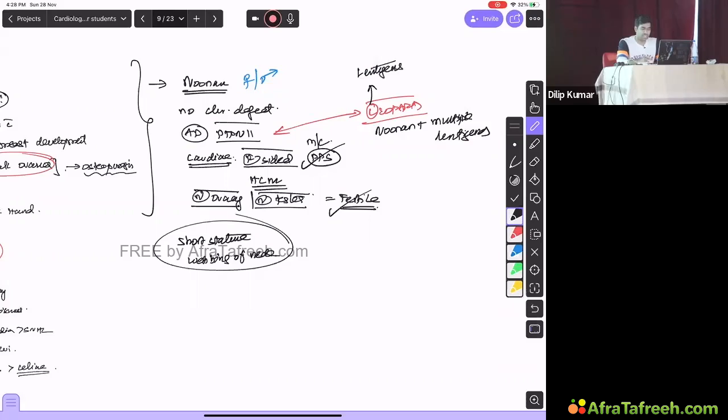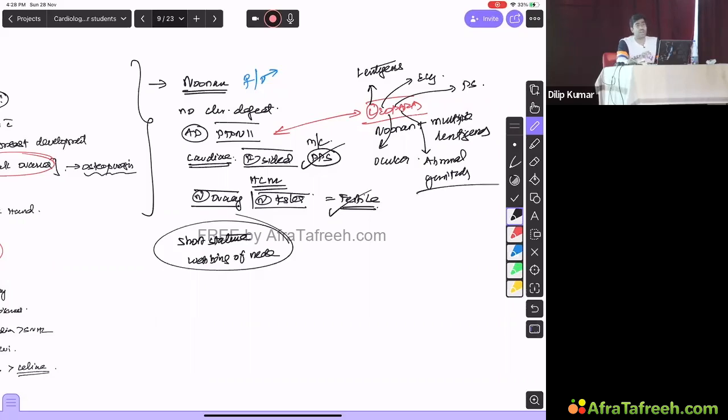E stands for ECG abnormalities. O stands for ocular abnormalities. P stands for pulmonic stenosis. Because PTPN11, remember, pulmonic stenosis. Leopard syndrome. And A stands for abnormal genitals.